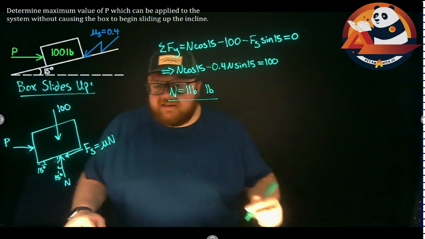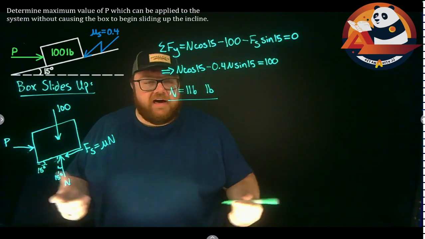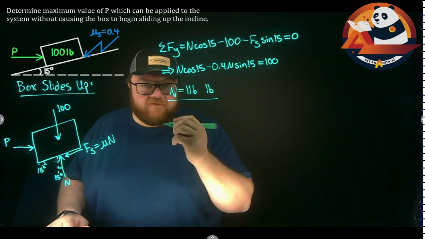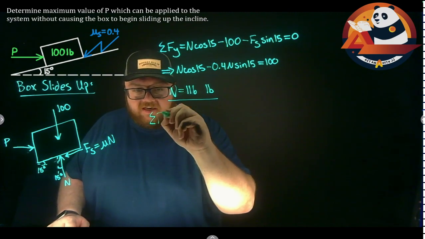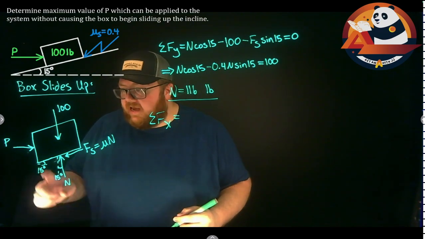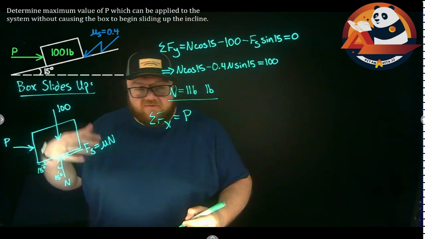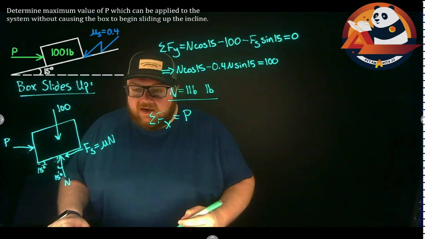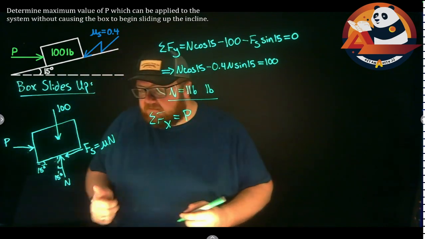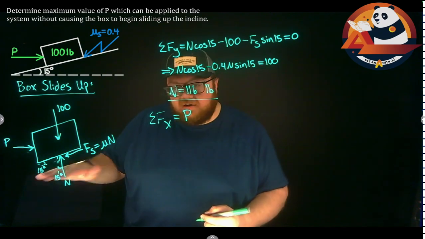With that known, I can come in and say, why don't I sum up forces in the x direction? That'd be my third equation. I can get to 3 unknowns out from that. Also, if I needed it, I can find my friction force now. But let's sum up our forces in the x direction. I have my force P here entirely in the x. So P, that's the force to slide the box up the incline. My normal force has a tiny bit of an x component acting to the left. If my angle comes from vertical, sine opposite would get that x component.